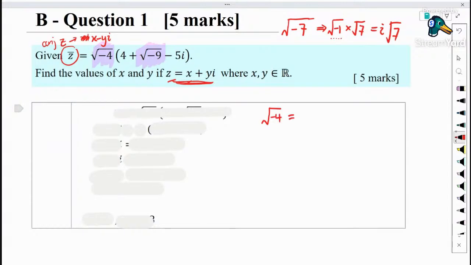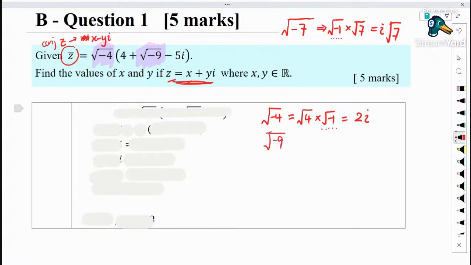It is square root of 4 multiplied by square root of negative 1. The idea is as simple as breaking it into something multiplied with square root of minus 1, and this square root of minus 1 will turn into i. Square root of 4 is 2.